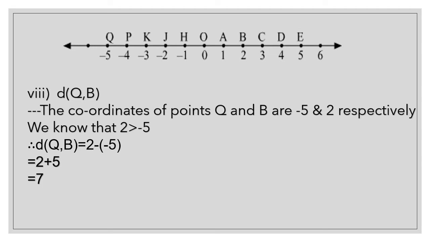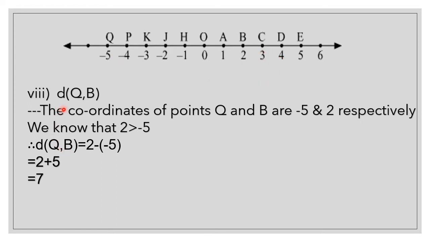Example number 8. Here we have to find out the distance between the point Q and B. Here the coordinate of point Q is minus 5 and coordinate of point B is 2. As we know that whenever we have to find out the distance between any two given points, at that time what we are doing? We are just subtracting the smaller coordinate from the larger coordinate.